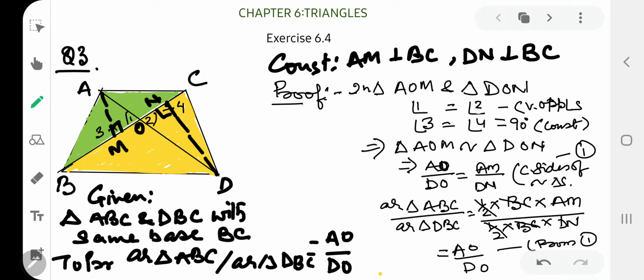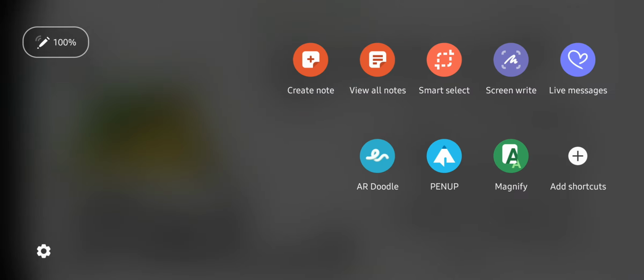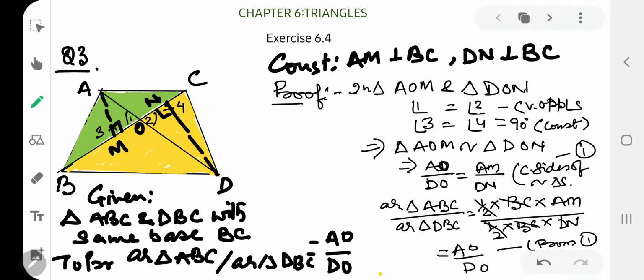In this question number 3, you are given two triangles, triangle ABC and triangle BDC. Both these triangles have a common side BC, and we are required to prove that the area of triangle ABC upon area of triangle BDC is equal to AO upon DO.